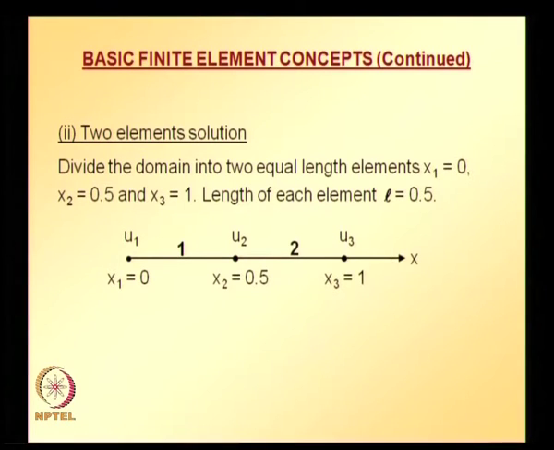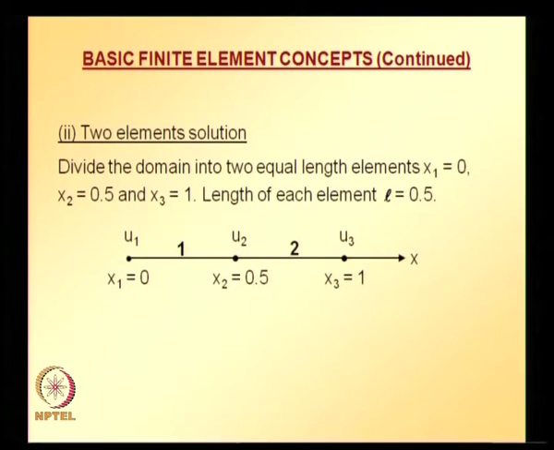First you need to divide or discretize the domain into two elements here, because we are looking for a two element solution. For simplicity, the two elements are assumed to be of the same length, though it need not be.